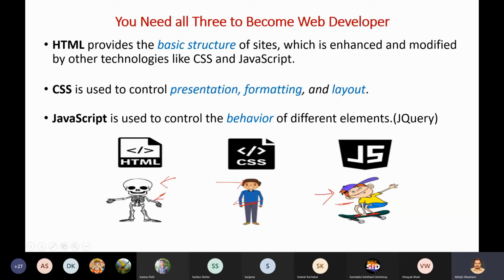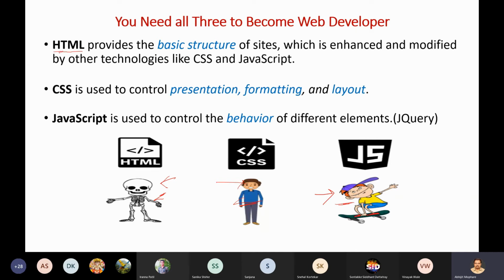So these three technologies, HTML, CSS, and JavaScript, are related to these three concepts. Whatever you see on your browser, the elements or components which you normally see on web pages or your browser screen, are made up of these three things: HTML, CSS, and JavaScript.